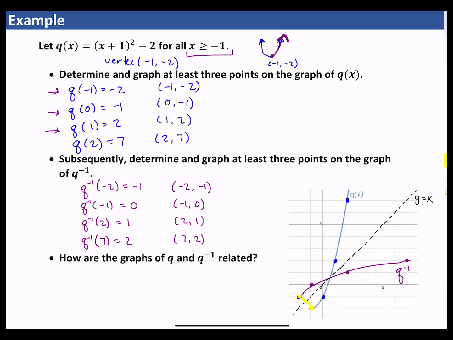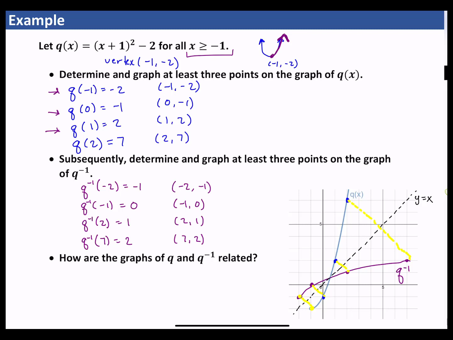They're reflections of each other over the line y equals x. And that turns out to be true for all of the corresponding points that were on q and q inverse. They are all reflections over the line y equals x, which means that q and q inverse are symmetric over the line y equals x.